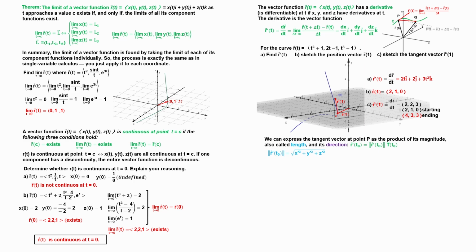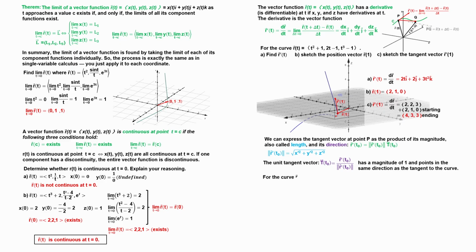It is calculated by taking the square root of the sum of the squares of each of the vector's components. The unit tangent vector has a magnitude of 1 and points in the same direction as the tangent to the curve. The equation for our unit tangent is capital T of t equals r prime of t divided by the magnitude of r prime of t.